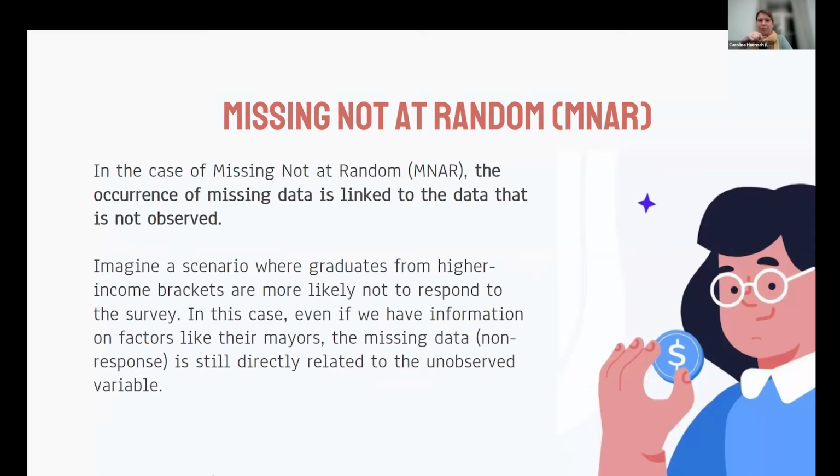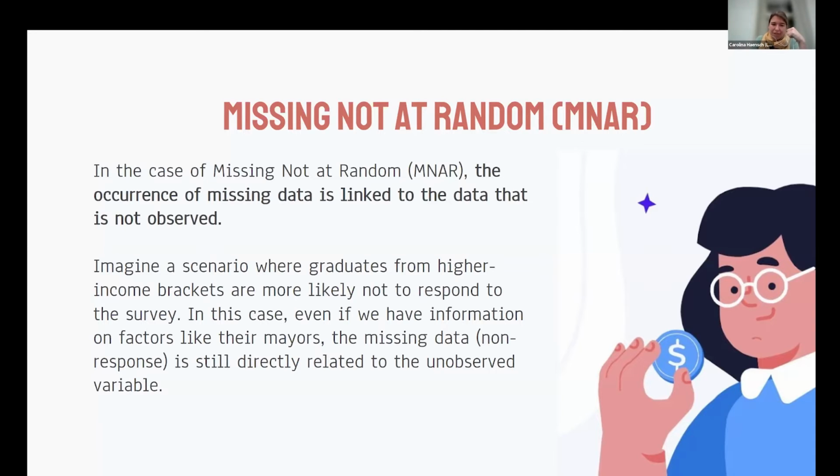And there we unfortunately have the scenario that graduates from higher income brackets are likely not to respond to this income question. And the missingness is directly dependent on the income level that the person has. So it's not linked to the majors, but instead directly to the unobserved values of the person in that case.